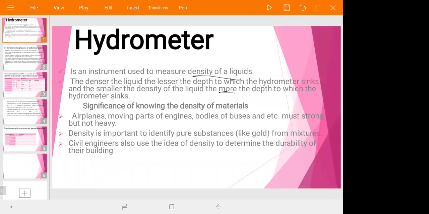The other one is the significance of knowing the density of a material. Why do we learn about the density of material? You must know, for example, that airplanes, moving parts of engines, and bodies of buses must be strong but not heavy. You must know the density of a material to apply it as an object at its essential point.